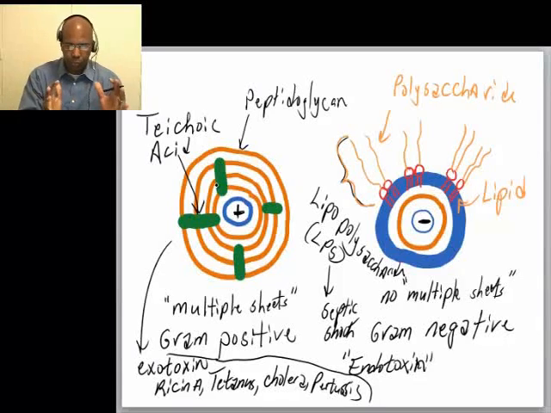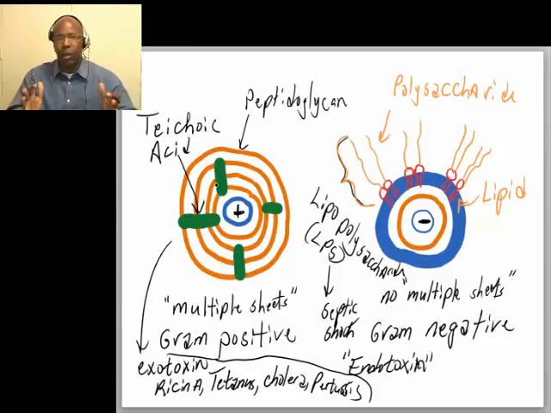So gram-positive bacteria have a very thick cell wall. Gram-negative bacteria have a very thin cell wall. And so these peptidoglycan layers make up the cell wall. And on the next slide, we'll make a table looking at the difference between the cell walls of gram-negative bacteria and gram-positive bacteria. Hope this makes sense to you.